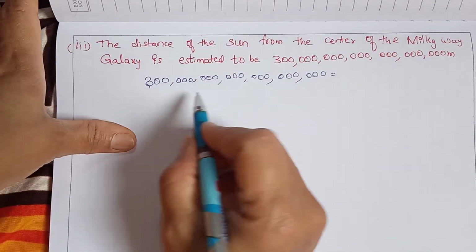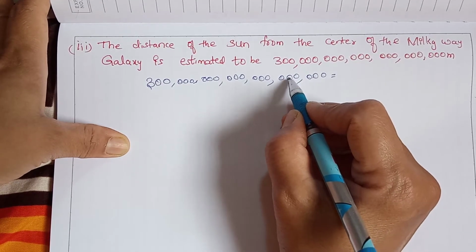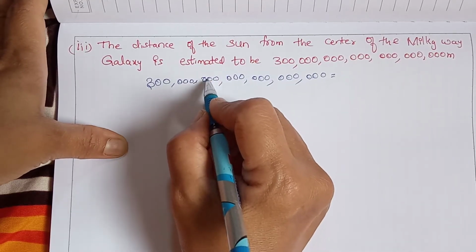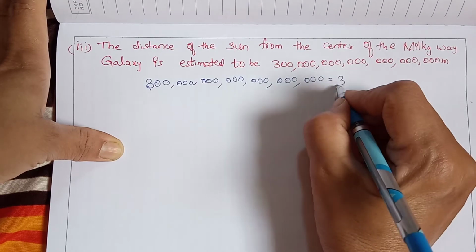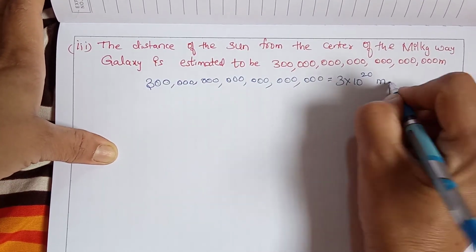Directly you can write. You just count the number of zeros. 1, 2, 3, 4, 5, 6, 7, 8, 9, 10, 11, 12, 13, 14, 15, 16, 17, 18, 19, 20. So 3 into 10 to the power of 20. Directly you can write. That's all.